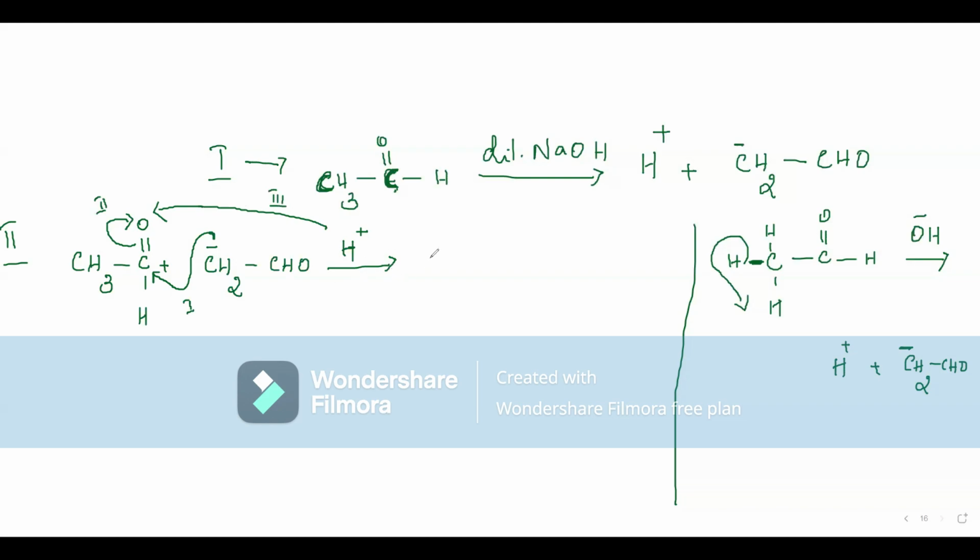So this is step 1, then this is step 2, and step 3, H plus migrates to the oxygen. So you will now get CH3, CH, single bond OH, CH2, CHO. So actually this is aldol, and that is all about aldol condensation. But in most of our reference materials, you will find elimination of a molecule of water, which happens on heating.